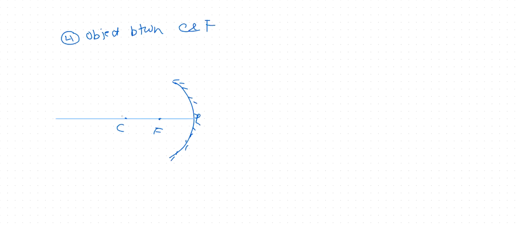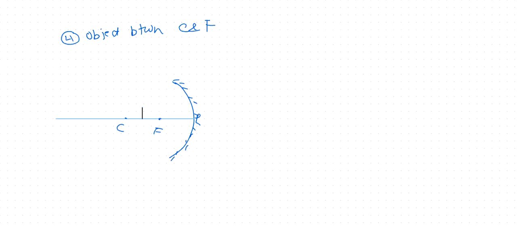So let's make the object, and I will use a black color to make my object so that it stands out. Okay. So this is the object. Let's give it a head and a name. Okay.